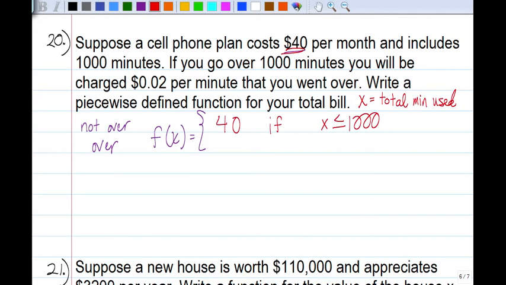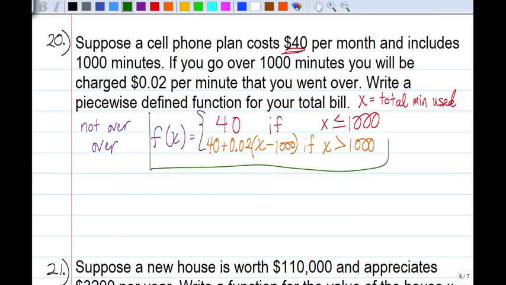Okay, but if you do go over your minutes, you're still going to pay the $40, plus you're also going to pay the overage charge, which is 2 cents, times the number of extra minutes. So the number of extra minutes would be x minus 1,000. Okay, and that's the piece of the function that would be used if x was greater than 1,000.